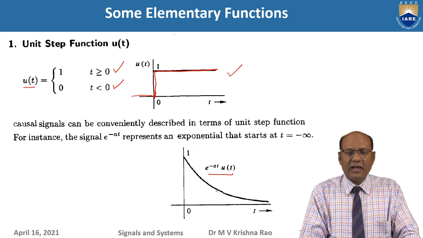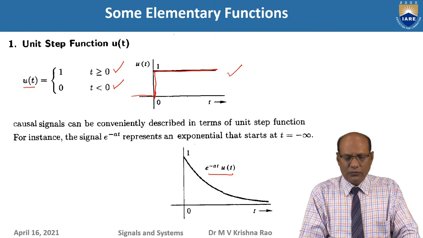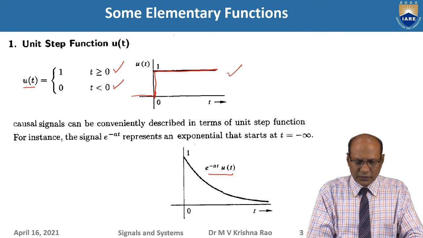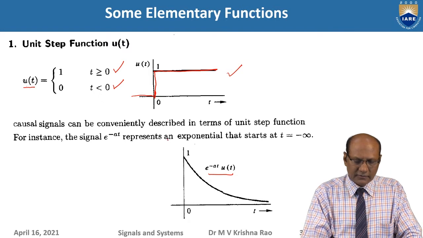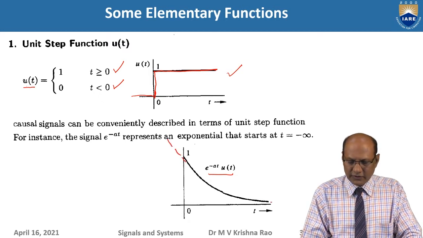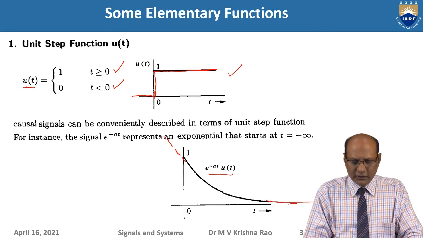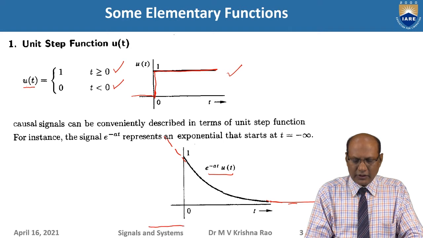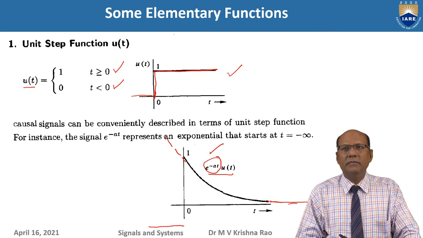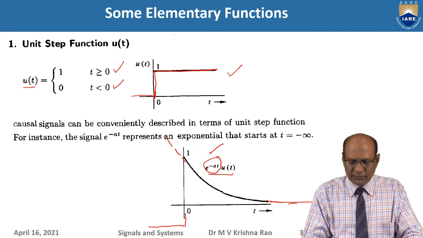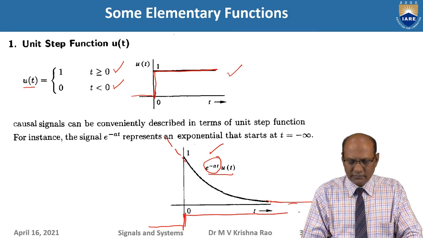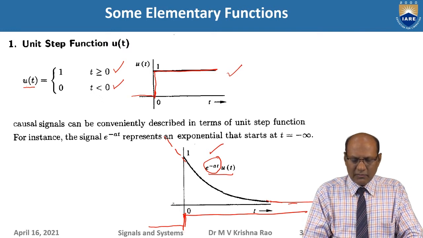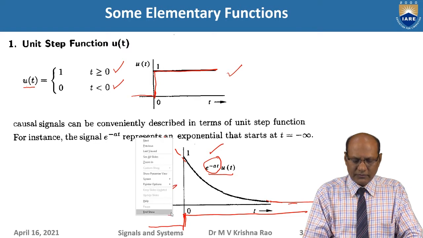So this can be expressed as multiplication of two functions. For example, if I extend this given exponential function, it goes on like this. So what I am doing, I have taken the e to the power of minus at function. Now I am taking a step function u of t below that. Then I am multiplying this function with this given function.